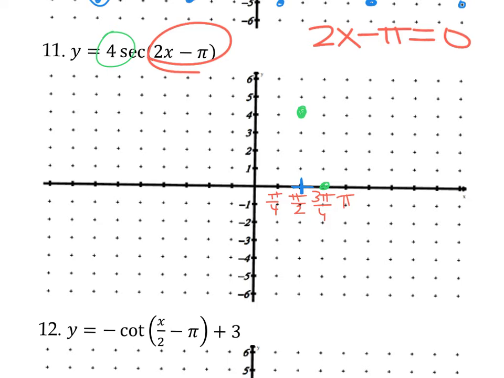Over 1, down 4, up 4, up 4, down 4, down 4, up 4. So wherever it hits your x-axis, that's where the asymptotes of secant go.